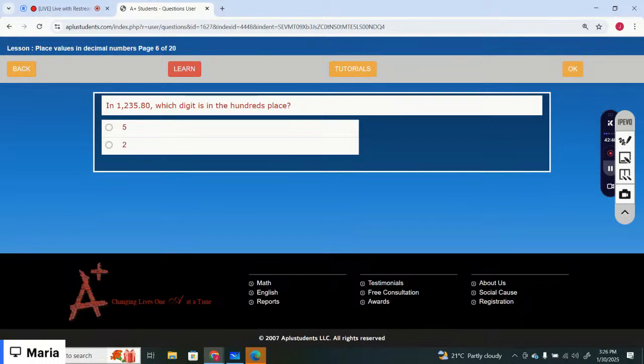In 1235.80, which digit is in the hundreds place? 2 is at the hundreds place. The correct option is option number 2.